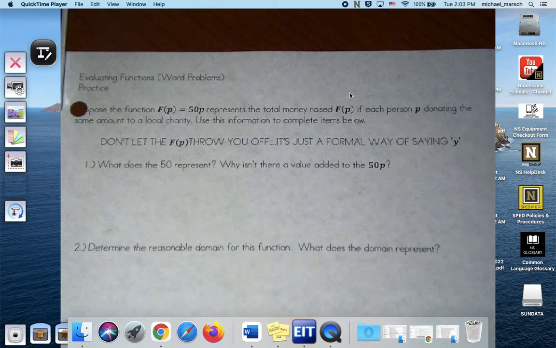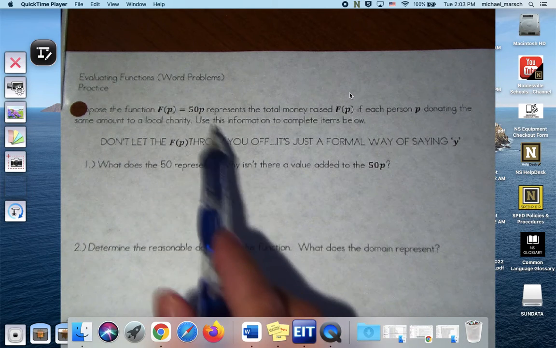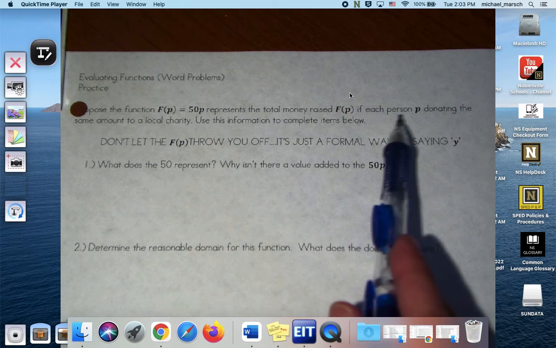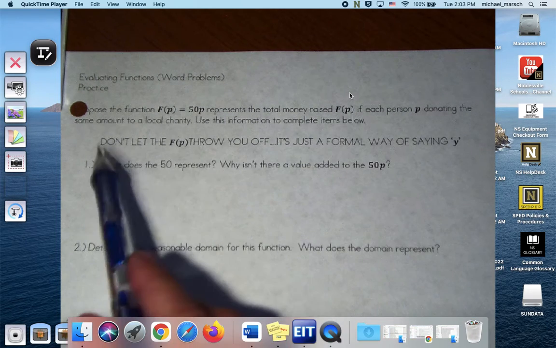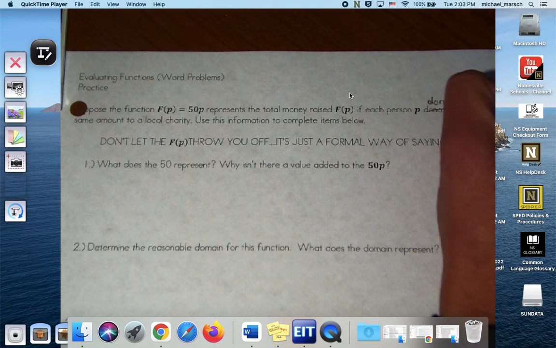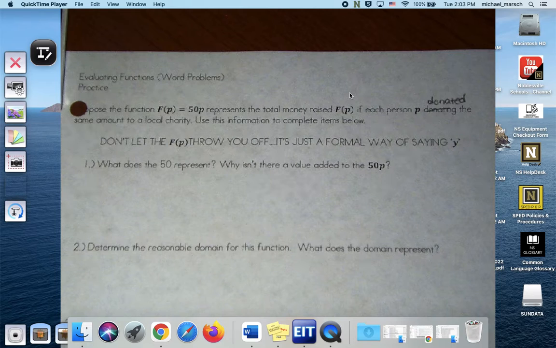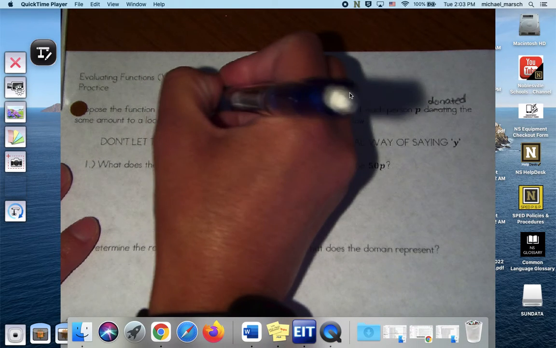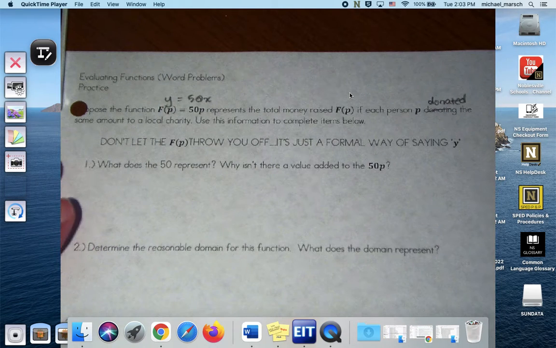Okay, suppose the function f of p equals 50p represents the total money raised, f of p, if each person, p, donated the same amount to a local charity. Use the information to complete the items below. So remember, this could also be the same as saying y equals 50x. So if the f of p and the p thing are what's standing in your way of understanding this, just rewrite it.